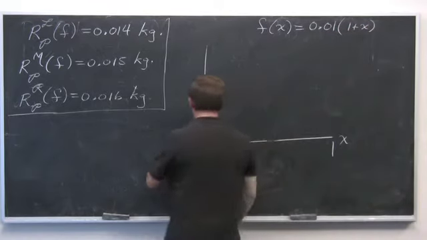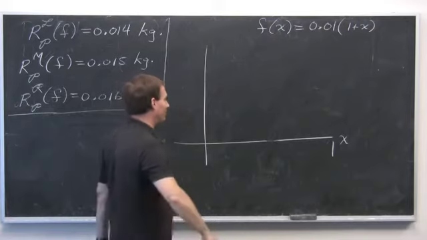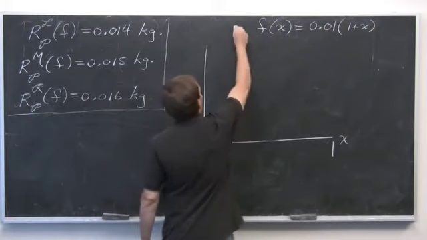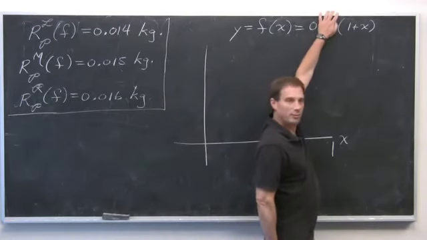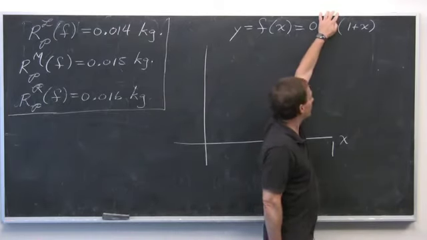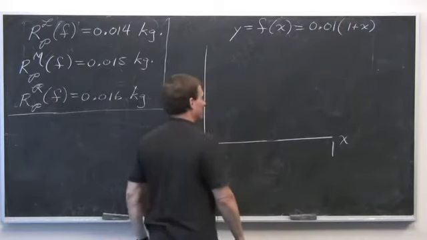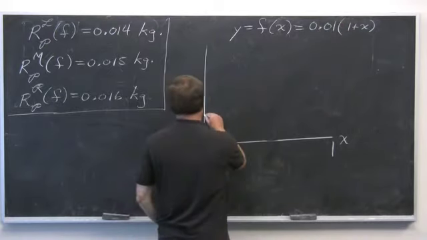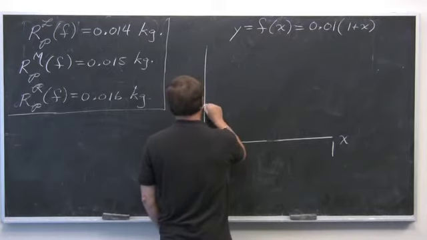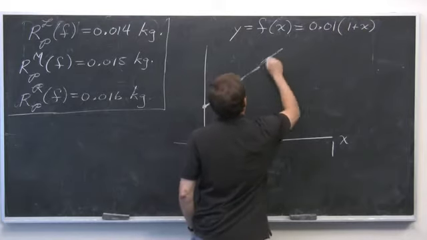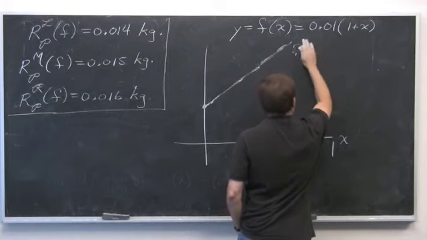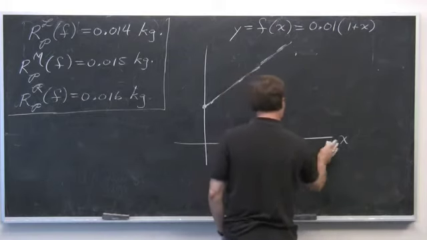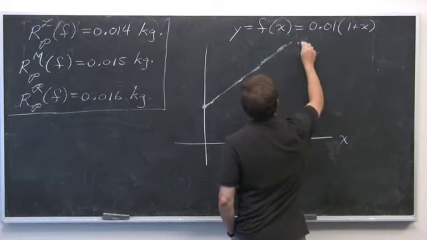I'm not going to put a scale on the vertical axis, so I'll call it the y-axis, but I'm just going to draw basically a line that looks like y equals 1 plus x, and just assume by a change in scale that it looks correct for our scale. So this is supposed to be the graph of f of x. Oh, I don't want 1 way over there. Let's put 1 over here. This is supposed to be the graph of this.